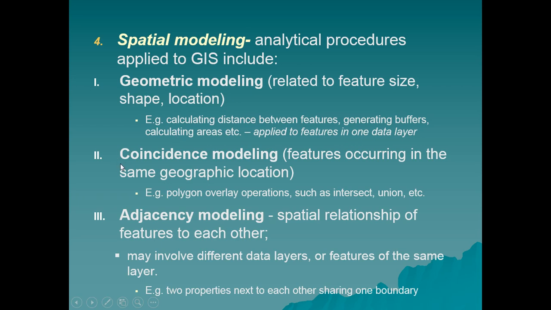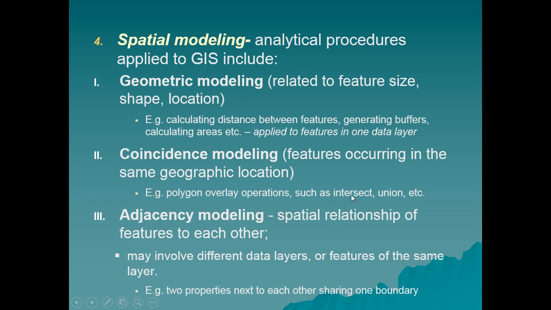You also have another type of spatial modeling, which is called coincidence modeling. Coincidence modeling relates to features occurring within the same geographic location. An example of that is polygon overlay operations, such as intersect.